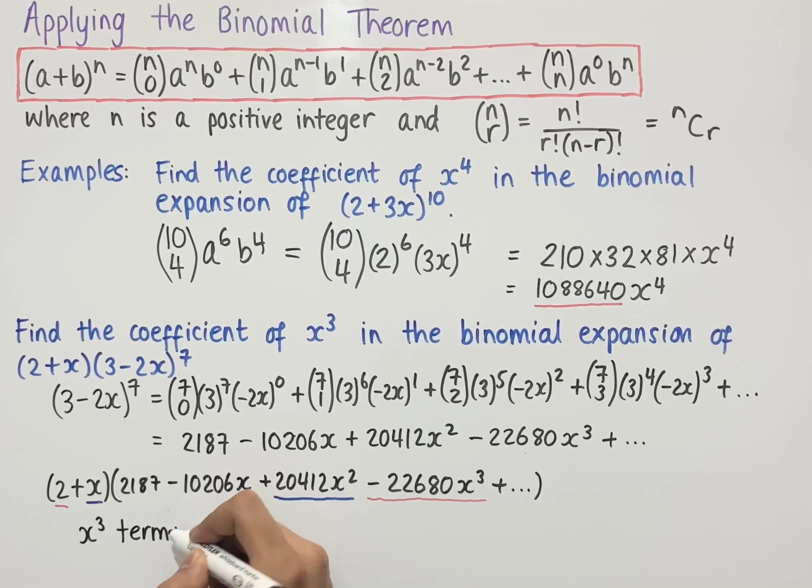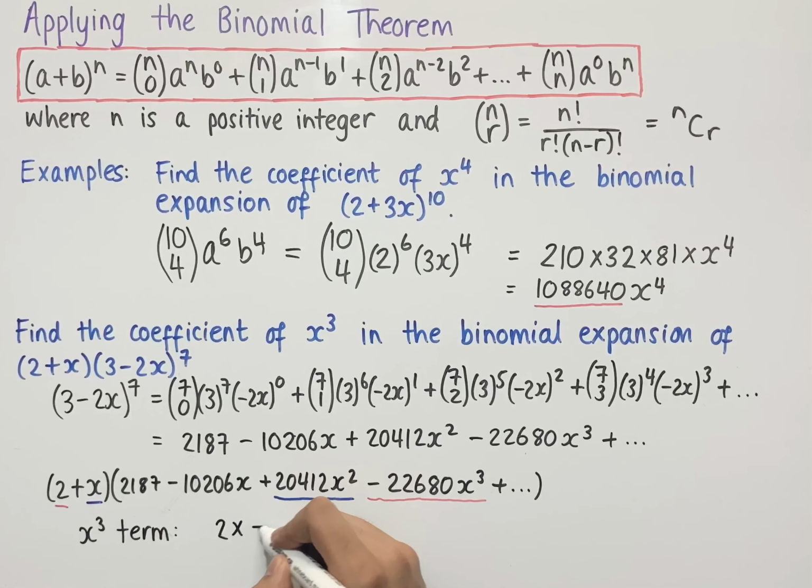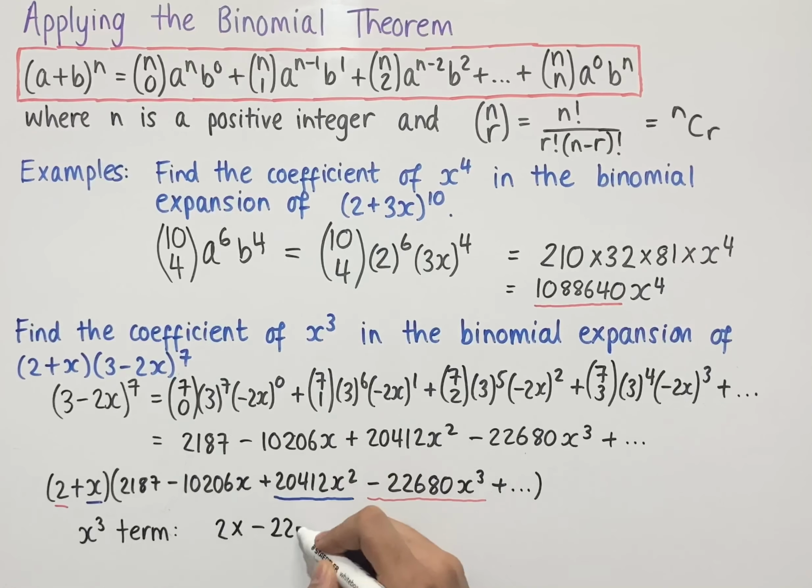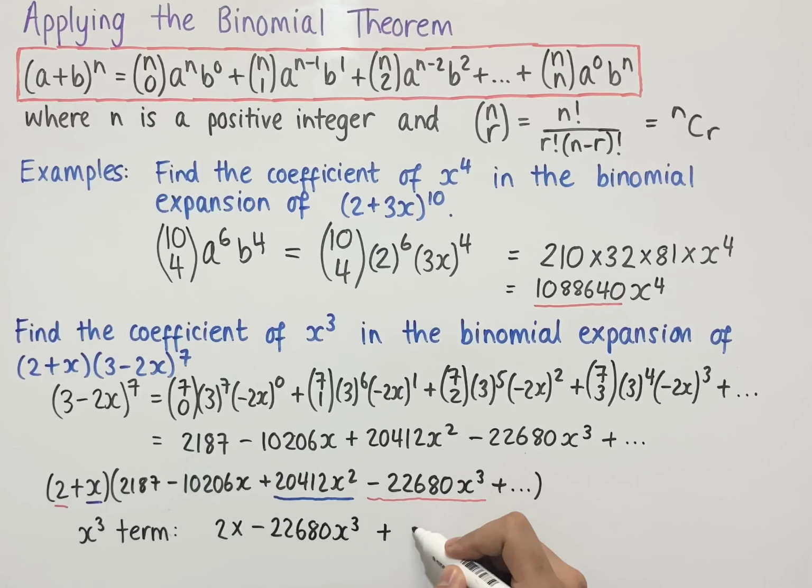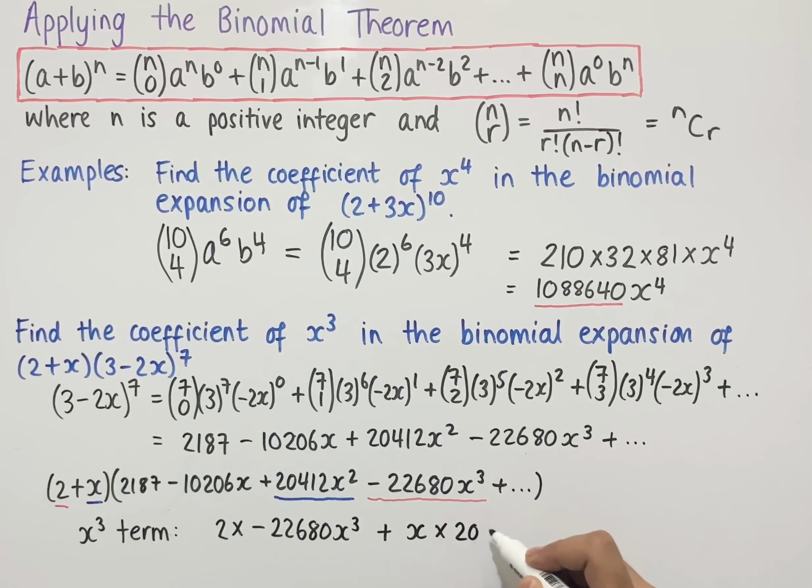So the x cubed term involves the following calculation: 2 multiplied with −22,680x cubed, and then we also add x multiplied with 20,412x squared.